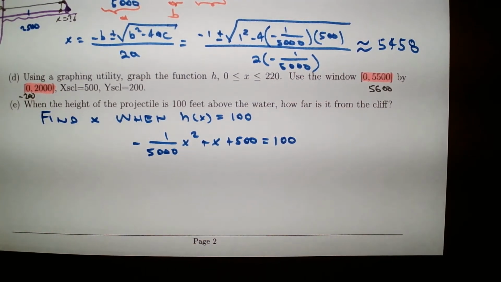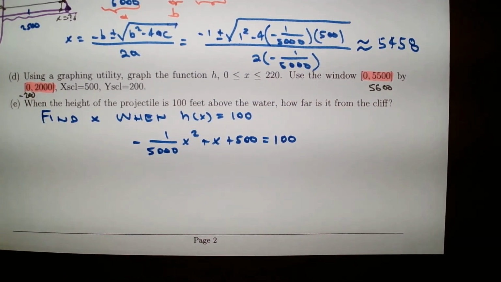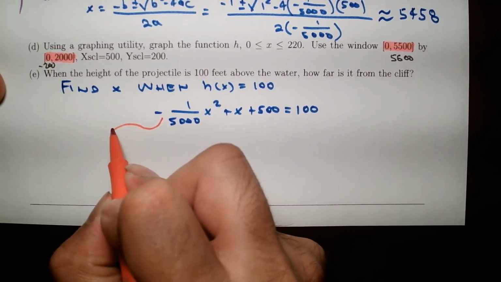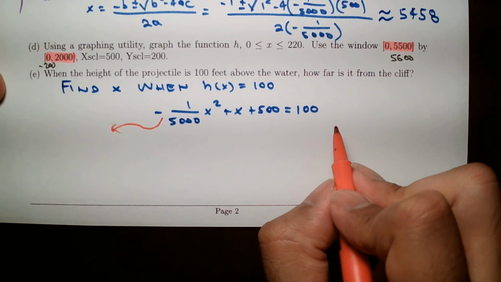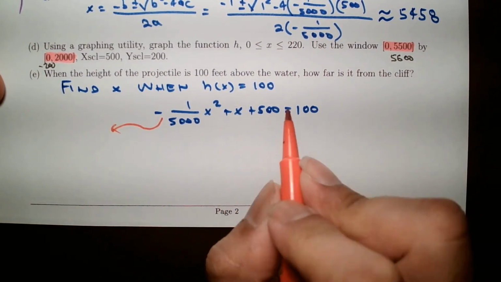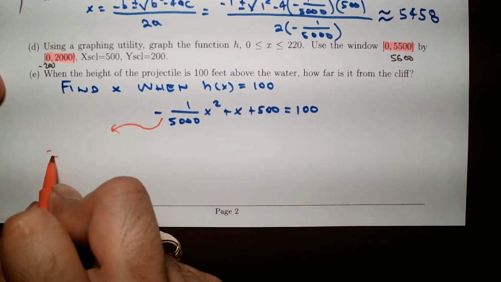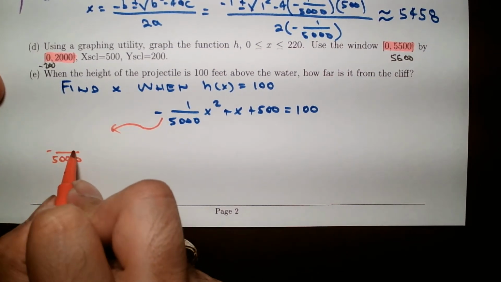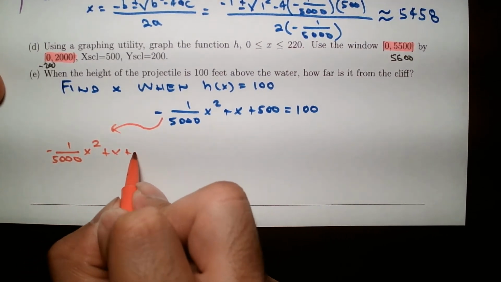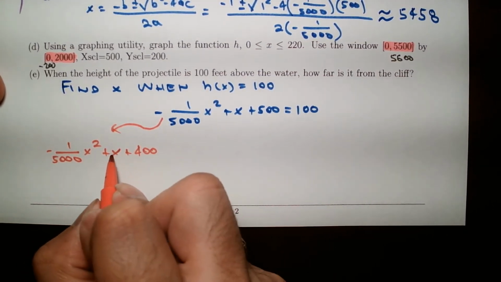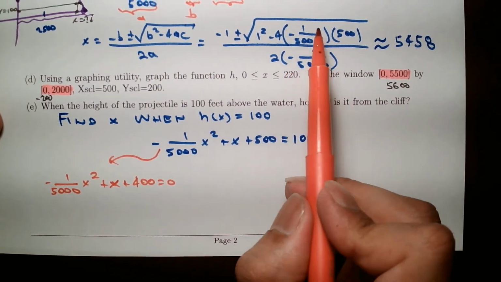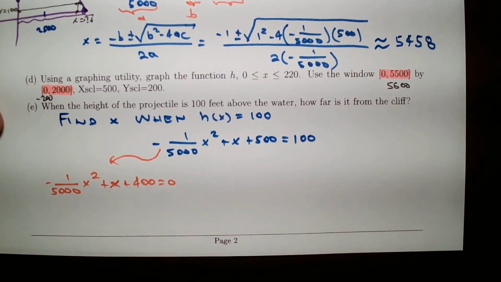Another alternative, and this is what you don't want to do, let me save you from a lot of pain. Yes, I know what you're thinking. You're thinking of moving this 100 to the left hand side and obtaining this equation. And then using the quadratic formula, plugging in and obtaining ugly looking expressions like this.